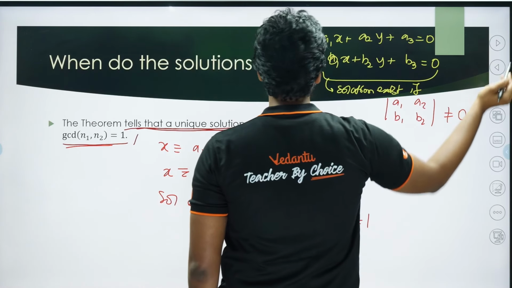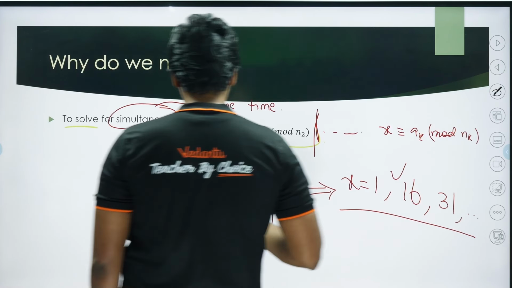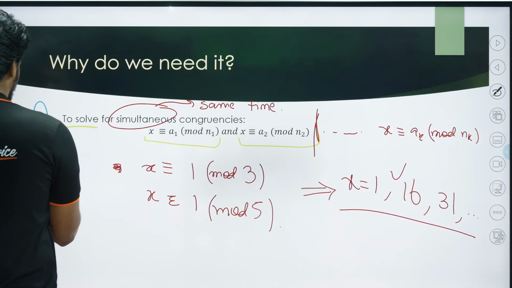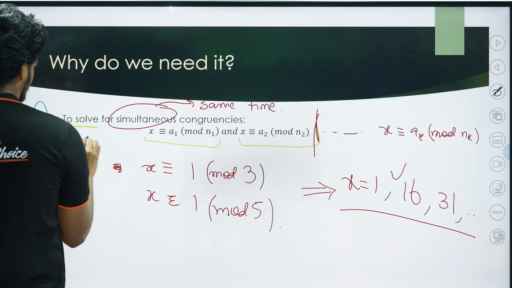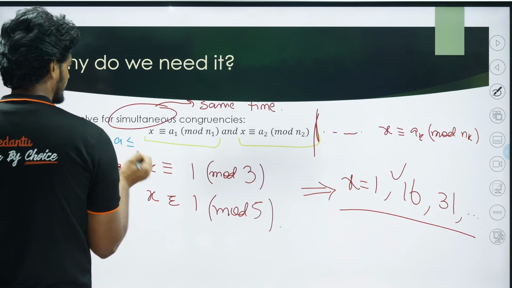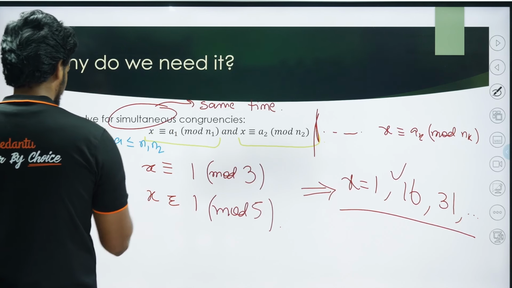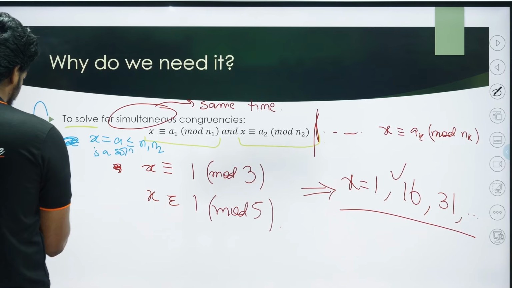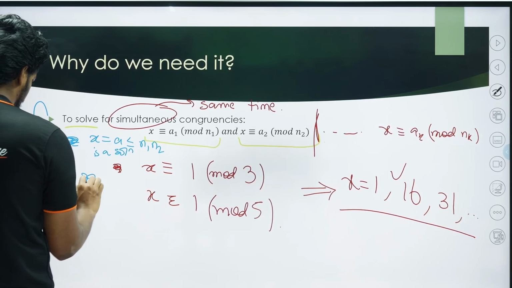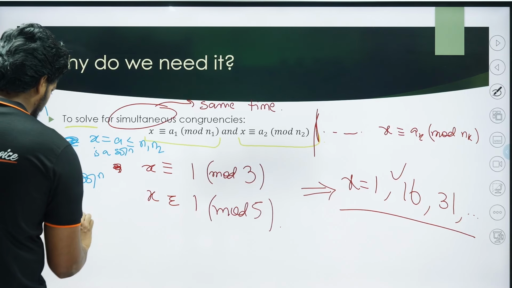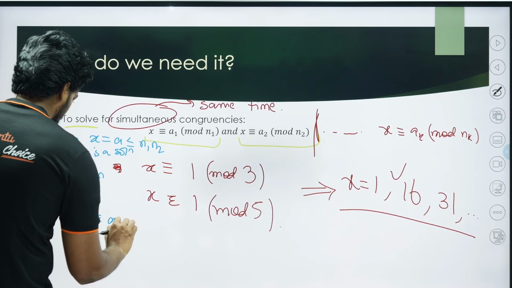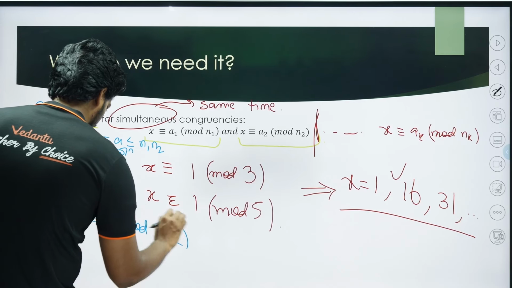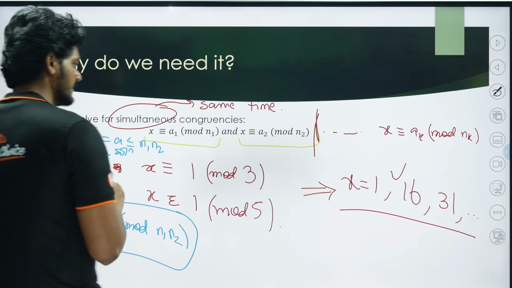So I must actually extend it: when there is a solution a less than or equal to n1 n2, then the general solution is x congruent to a mod n1 n2. Right, this is the normal solution.